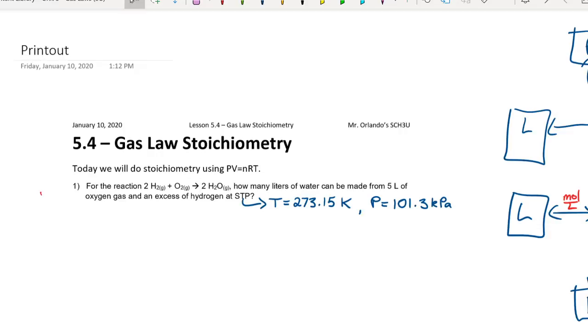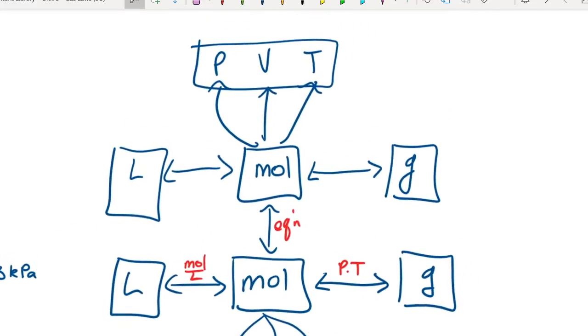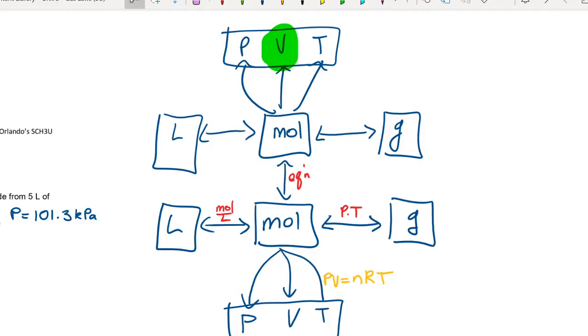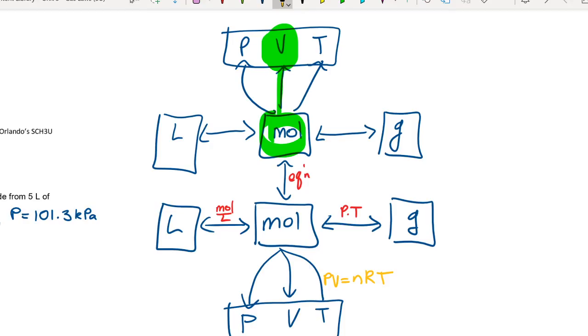We're starting with how much oxygen gas? 5 liters. Okay. So we are starting off with a volume of oxygen gas. What are we going to figure out from that? How many moles of oxygen gas we have? What equation or what information will we use to make that happen? From volume to moles, it's a gas.